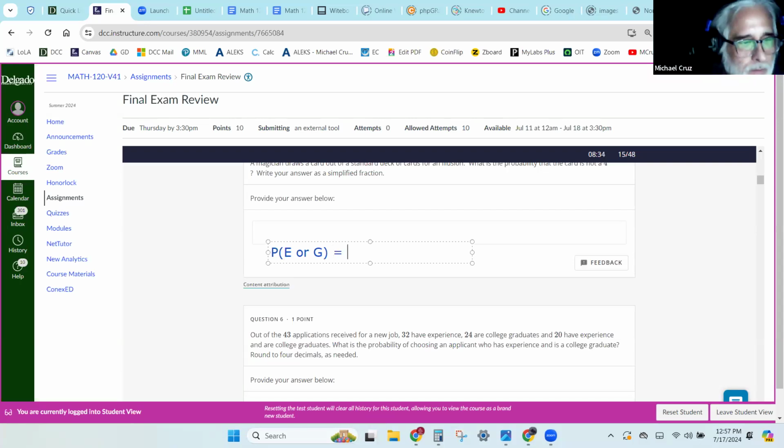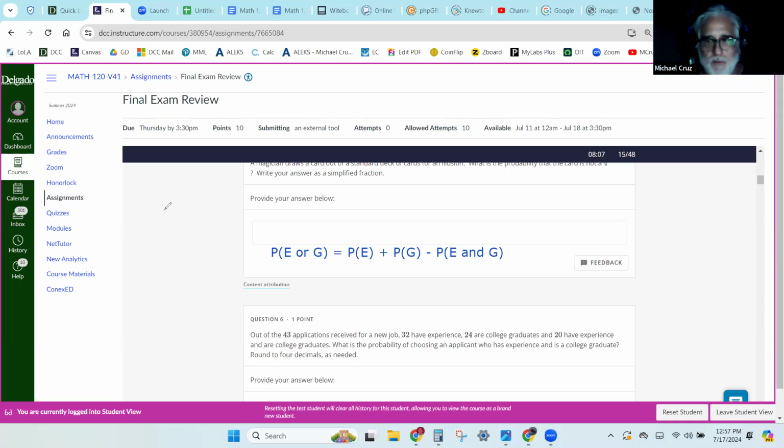That's equal to the probability of E, experience, plus the probability of G, graduate, minus both. Okay, so that's what we're doing. I'm hoping that looks familiar. That's the probability for OR. If this part right over here, if they're mutually exclusive, then this part is 0.